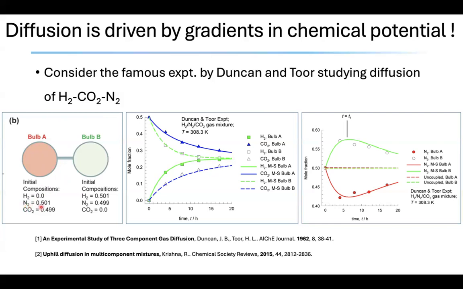As you can see, bulb A contained a mole fraction of 0.501, whereas the mole fraction of nitrogen in bulb B was 0.499. Finally, the mole fraction of CO2 in bulb A was 0.499, whereas it was 0 in bulb B.